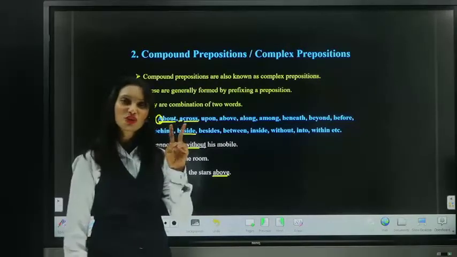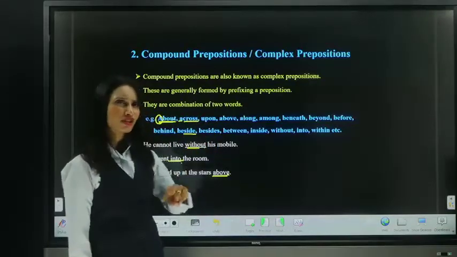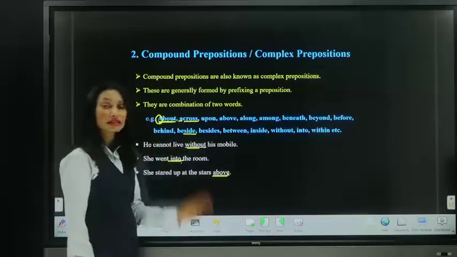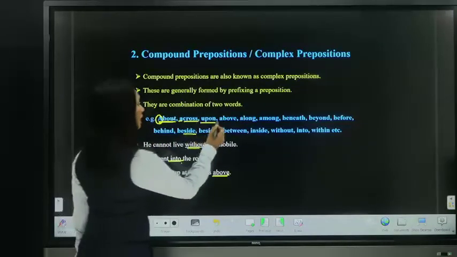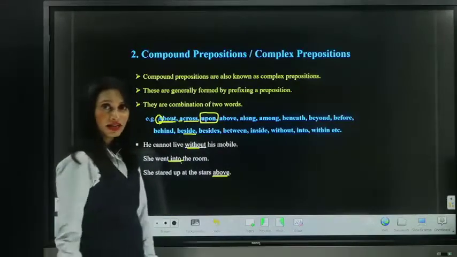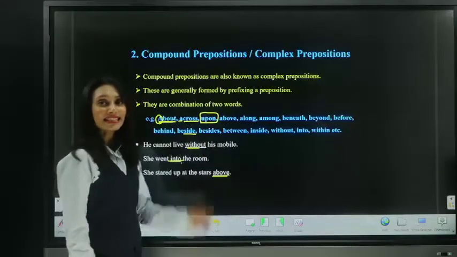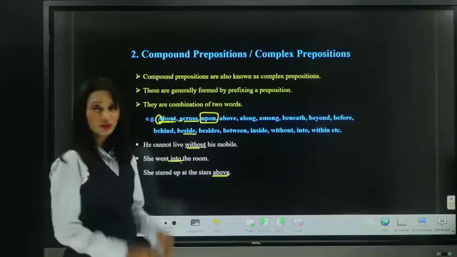Double means two. Compound is also two. Then what is the difference between double prepositions and compound prepositions? As I told you, compound prepositions are used and written as a single unit. There is no gap. It is not considered as two prepositions.